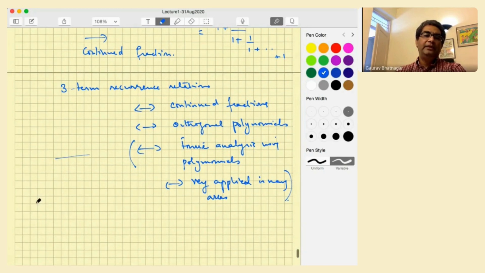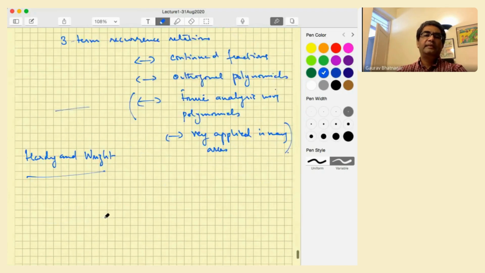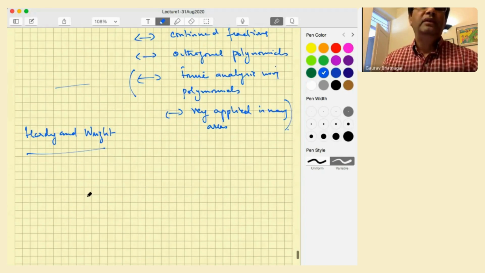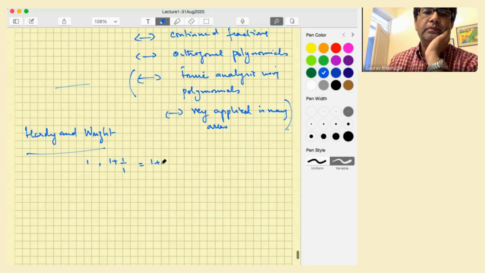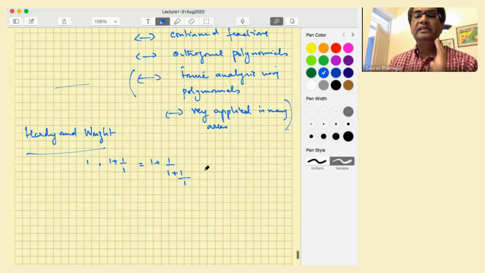And one more thing, I would suggest if you look at Hardy and Wright, of course there are newer books. So if you just chop off the continued fraction, this is going to be the ratio of this, but it's a classic example of an alternating thing which goes like this.